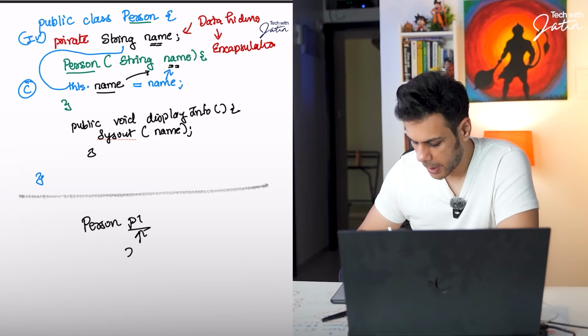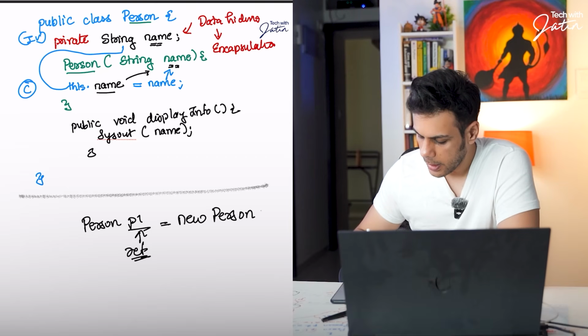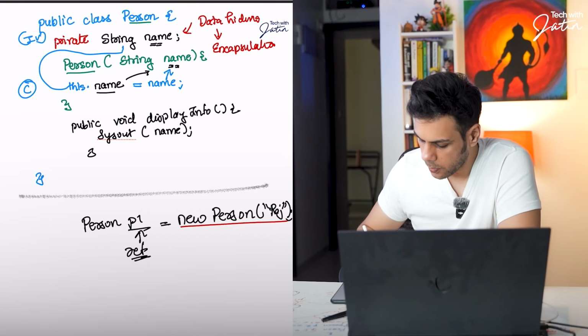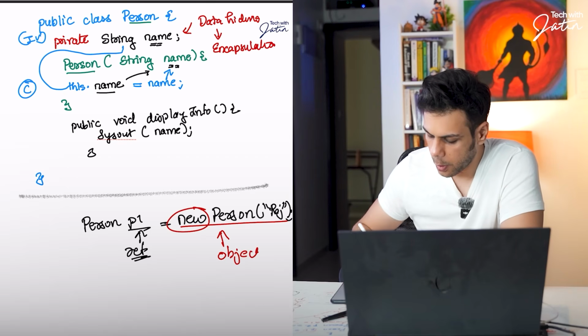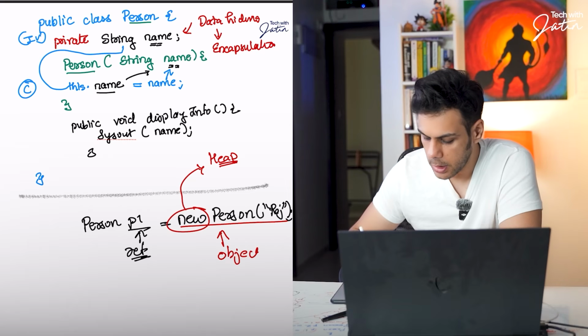This over here is my reference variable equal to new Person, and I can just give the name as, let's say, Raj. So my dear friends, this over here is my object. You can see the new keyword popping up into the picture. So this signifies that the object is going to be created in the heap memory.